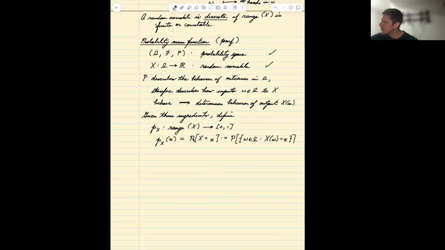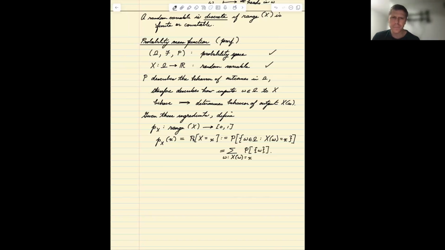It's the subset of omega such that the output of the random variable equals a specific quantity, which is defined as the sum over all omega values for which X of omega is equal to a specific quantity of that singleton subset. Okay.